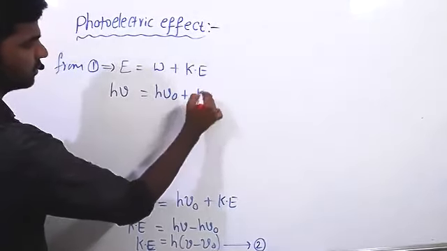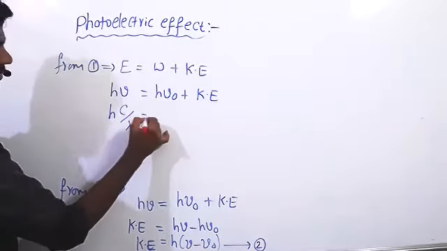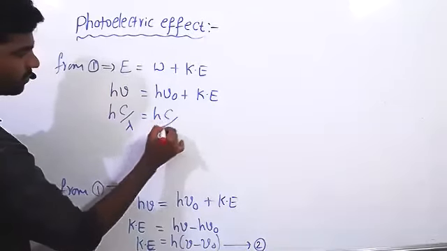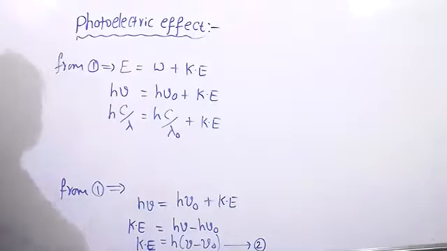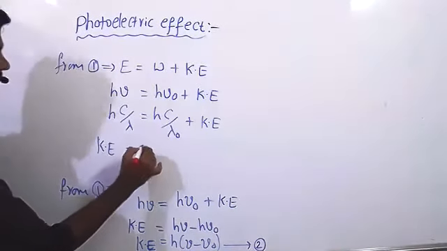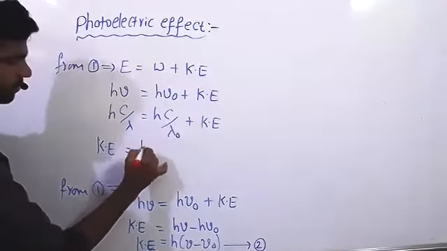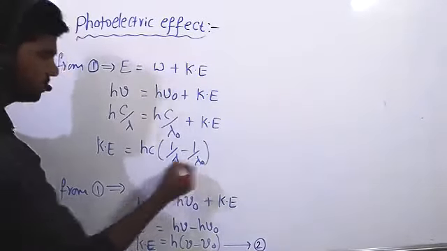For kinetic energy, nu means c by lambda. So kinetic energy is equal to hc times 1 by lambda minus 1 by lambda 0. This is also one formula.